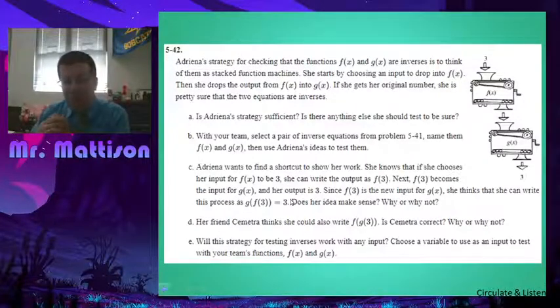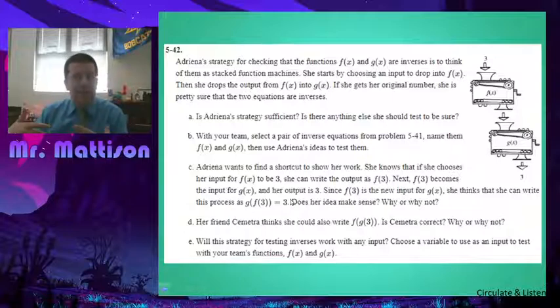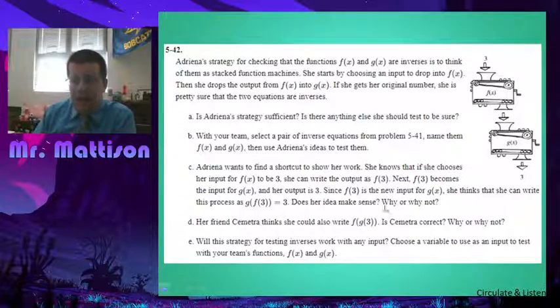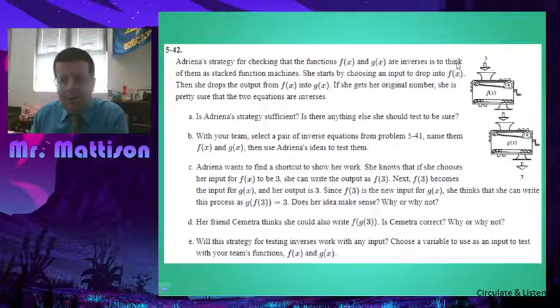Now on D, we're asked, well, what if we did f of g of 3? Is that the exact same thing, right? Does it matter if I do g or f in that order? And it does. You cannot just transpose the order. I cannot just put g on top of f and get the same result out of it.